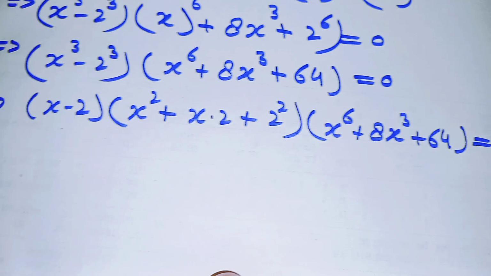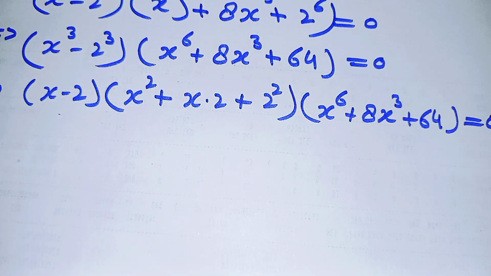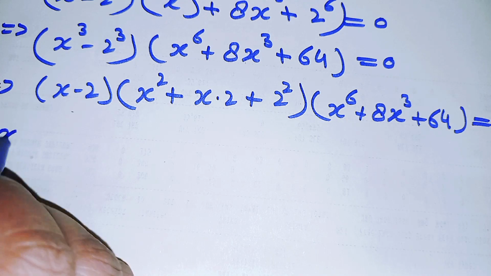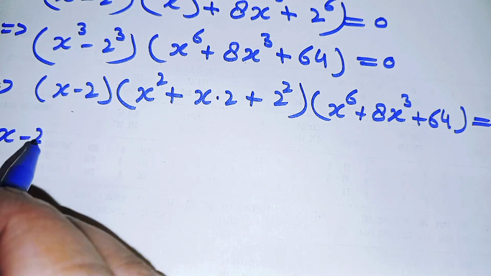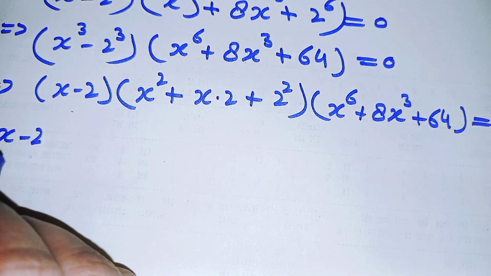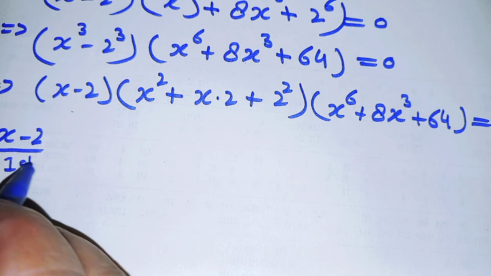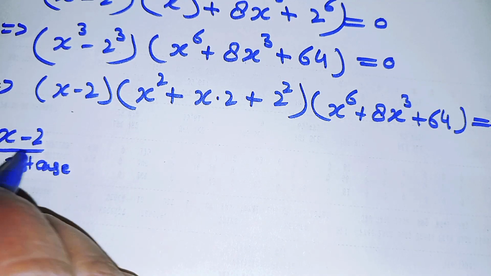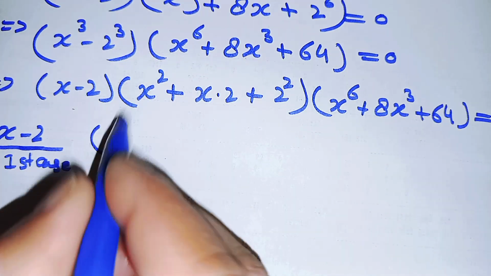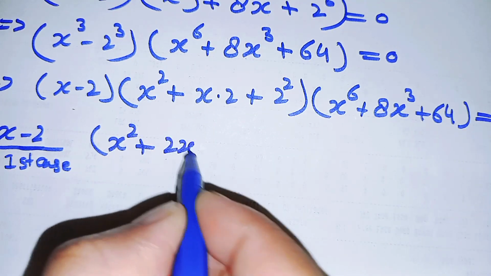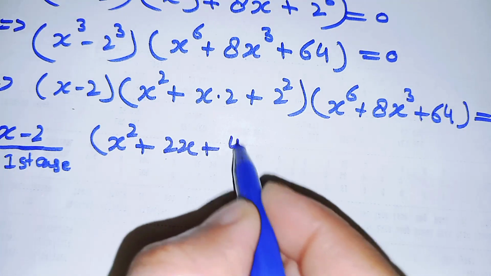And now here we make three cases. The first case is x minus 2. The second case is x square plus 2x plus 2 square, which is 4.